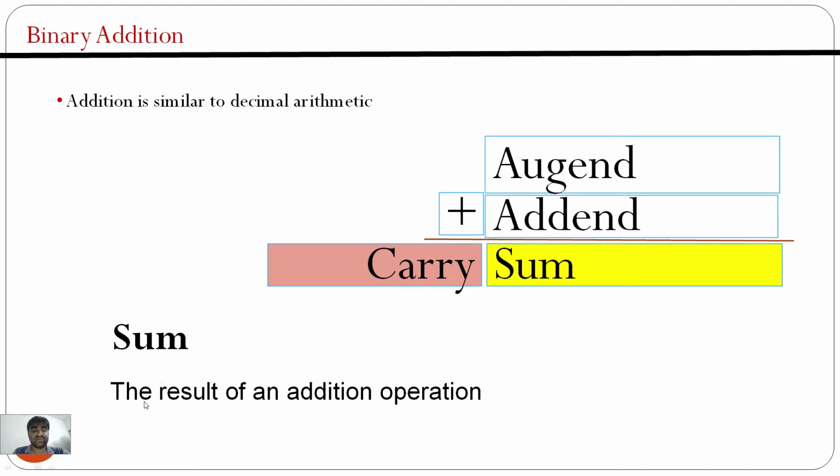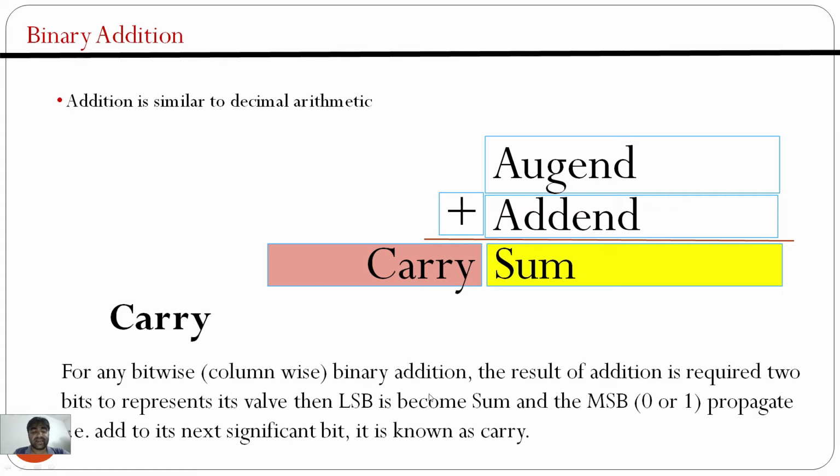The sum is the result of an addition operation, and the carry is the bitwise, that is the column-wise, binary addition. The result of the addition requires 2 bits to represent its value. One bit is the LSB and the other bit is the MSB.